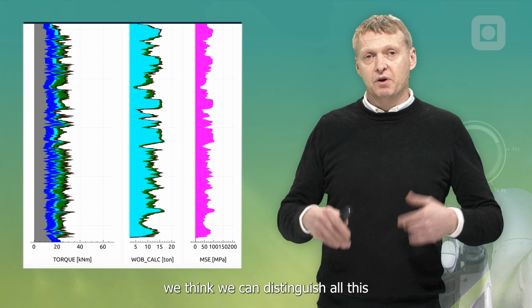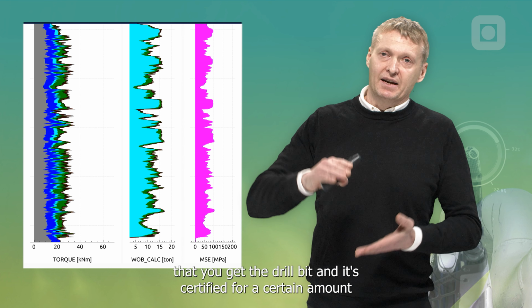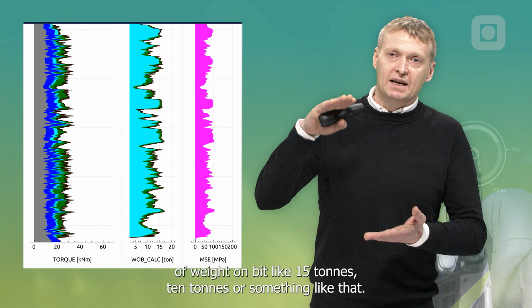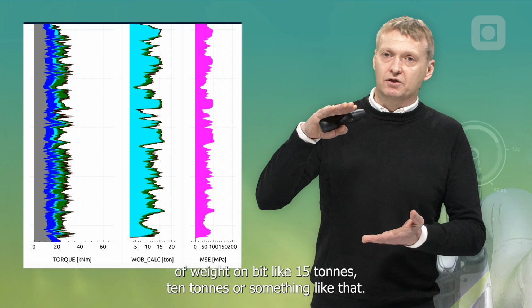Another thing is we think we can drill faster. How can we do that? Well, we want to challenge the conventional idea that you get the drill bit and it's certified for a certain amount of weight on bit, like 15 tons, 10 tons, or something like that. We think that this can be a lot higher because we have this knowledge about how dull the bit is and also all the forces acting on it and also the heat being generated at the bit because we know something about the friction that's created.